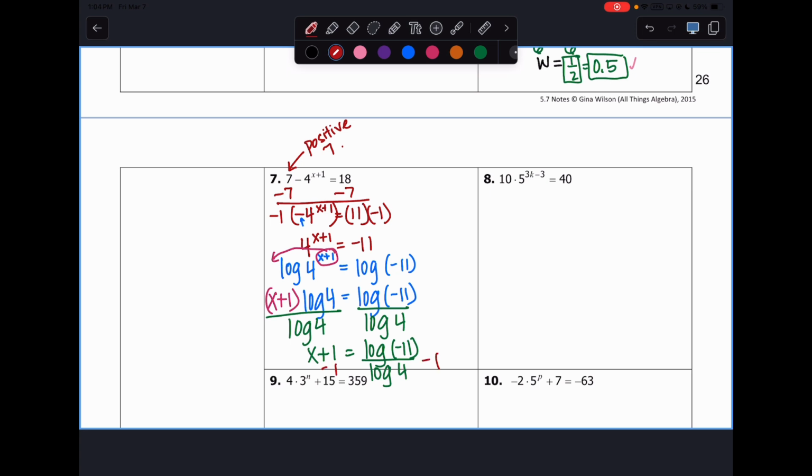So you can state this as x is equal to log of negative 11 divided by log of 4 minus 1, just so that you can say, this is my extraneous solution. Okay, therefore we have no solution.